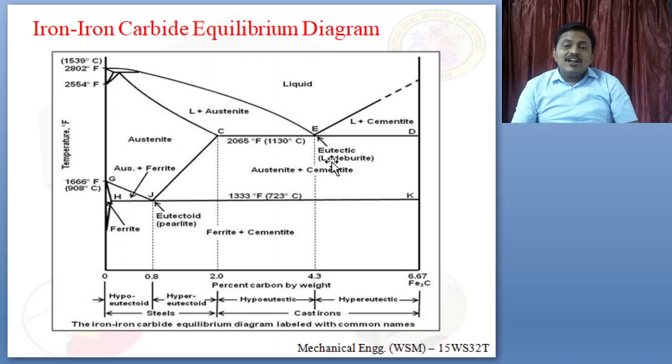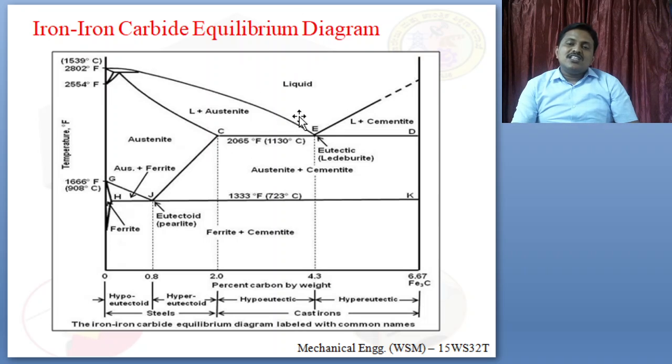There is something called the ledeburite point. It is the point at which the semi-liquid stage is converted to liquid. These are the two important points where the phase transformation occurs. At that point, it will be converted from one phase to another phase.